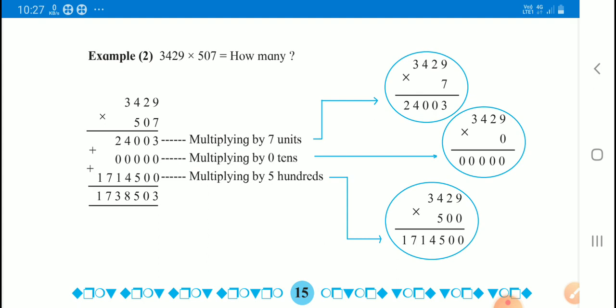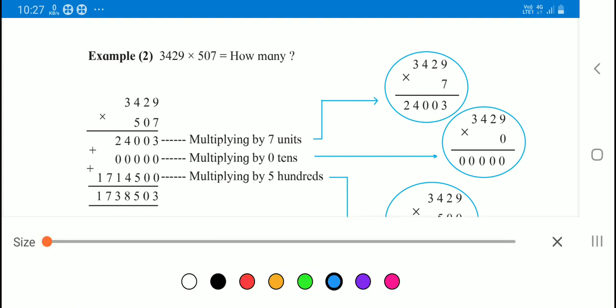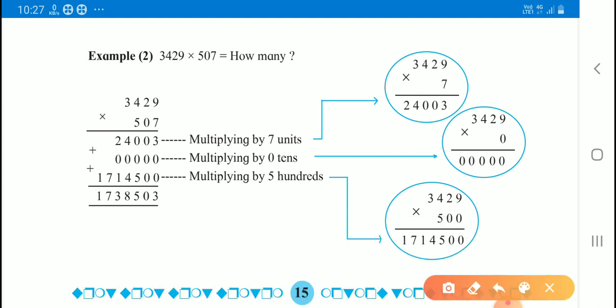Here when will you multiply the number 3,429 by 7, then you will get the answer here, that is 24,003. Now second number is 0. So you will multiply all the numbers, then you will get the answer 0 only.